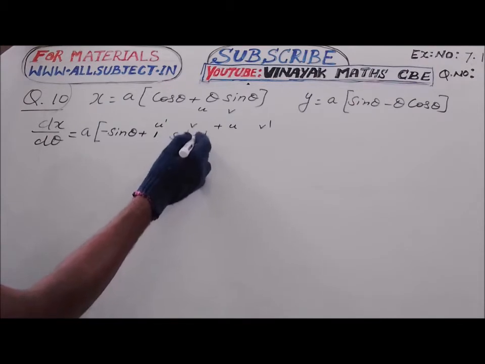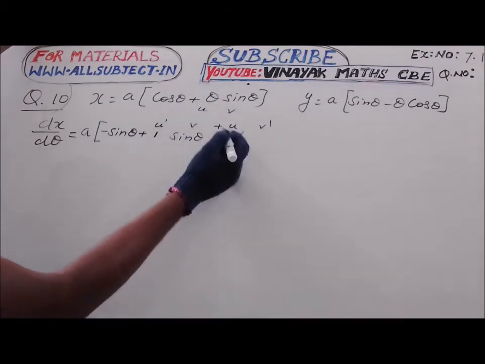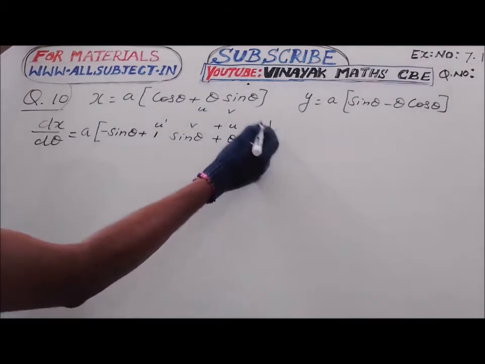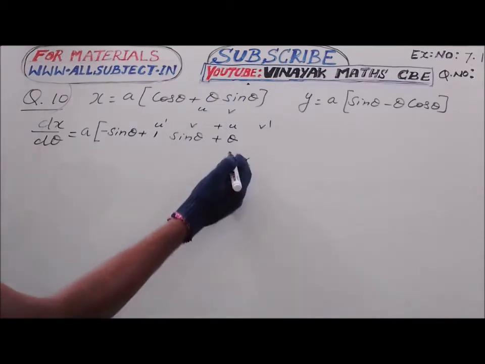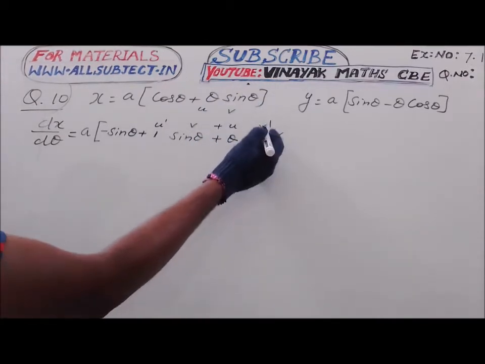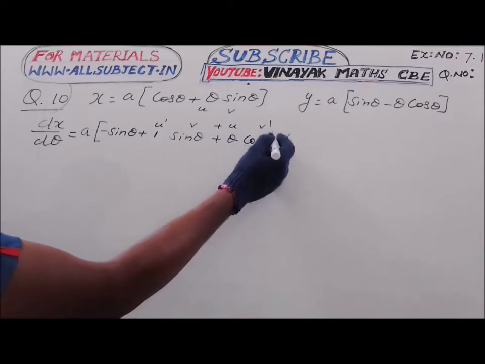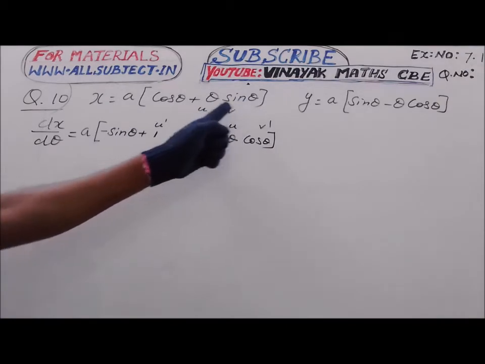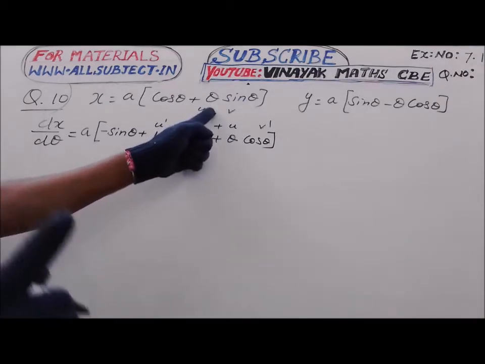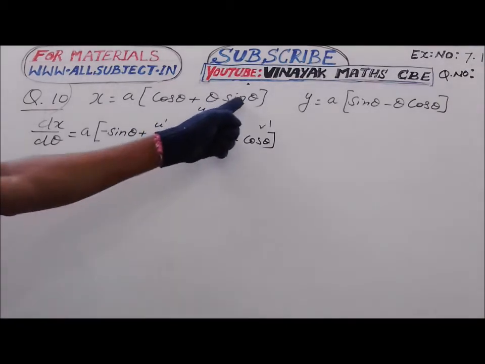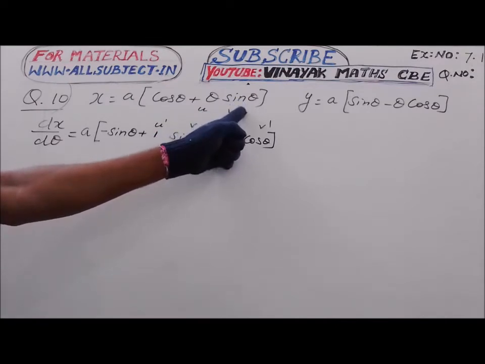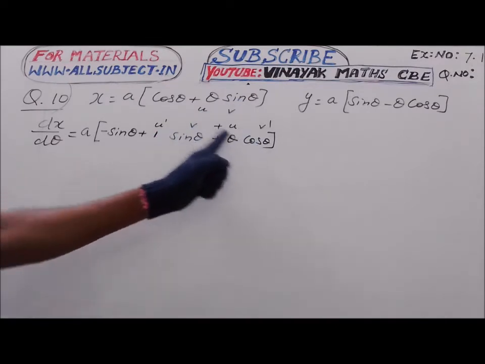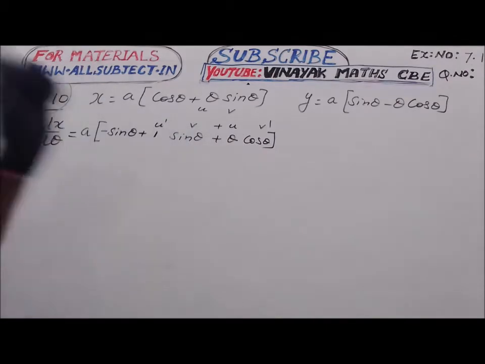V remains the same, sin theta, plus u into v dash, where u is theta and the derivative of v is v dash, that is cos theta. This is very simple. U is theta, v is sin theta, u dash is 1, and v dash is cos theta, and u and v are substituted as they are.